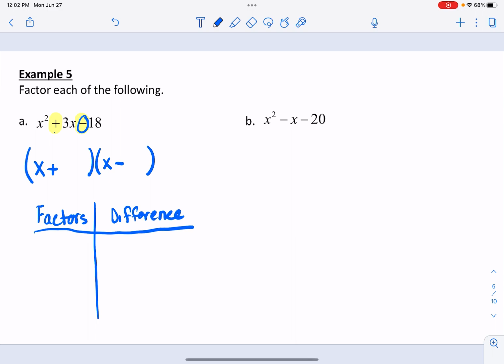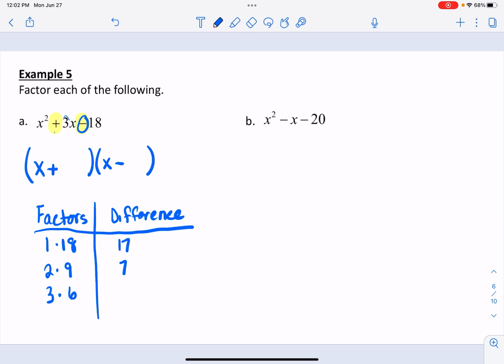So factors of 18. 1 times 18. 18 minus 1 is 17. I need that difference to be a 3. So 2 times 9. Their difference is 7. I need it to be 3. 3 times 6.